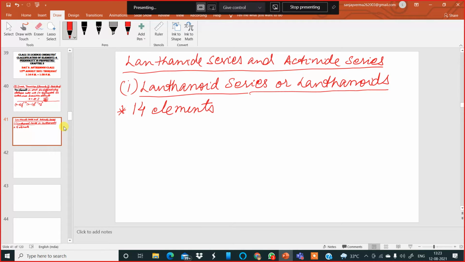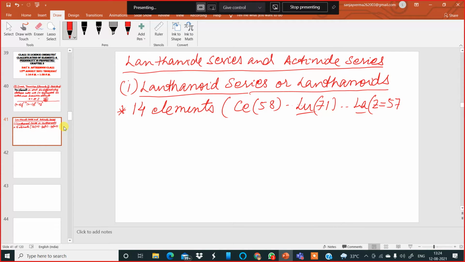Important note. It starts from cerium, whose atomic number is 58, and goes up to lutetium, whose atomic number is 71. Then, before cerium there is lanthanum, whose atomic number is 57.